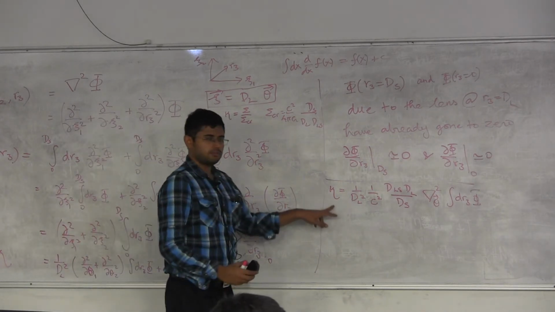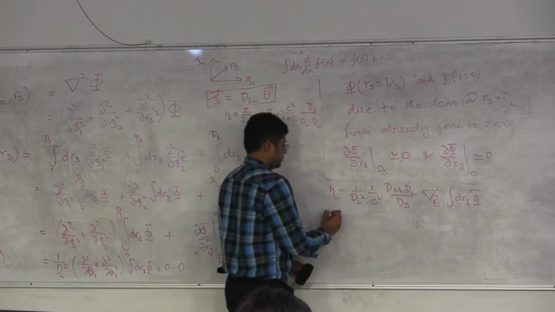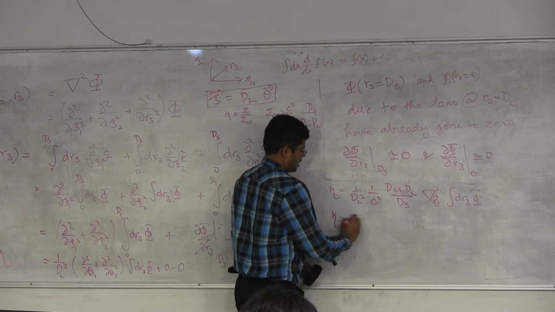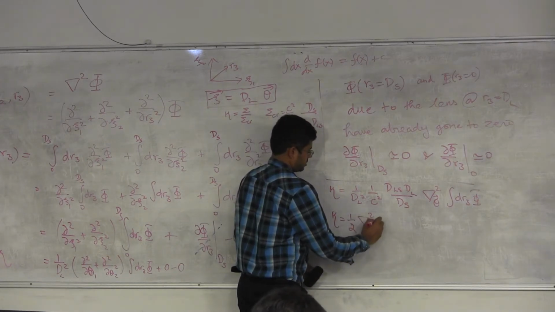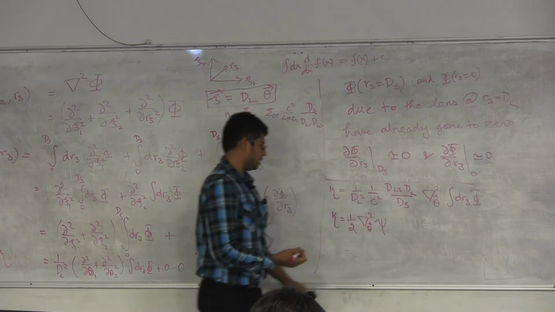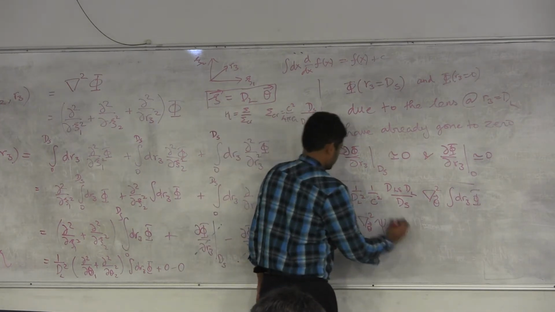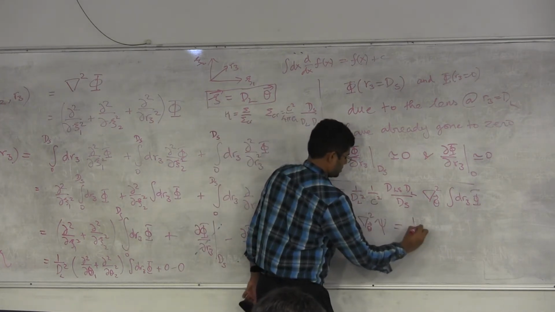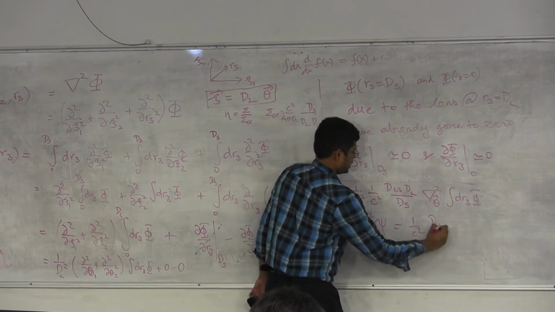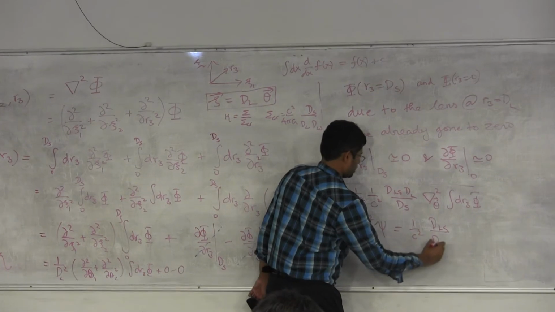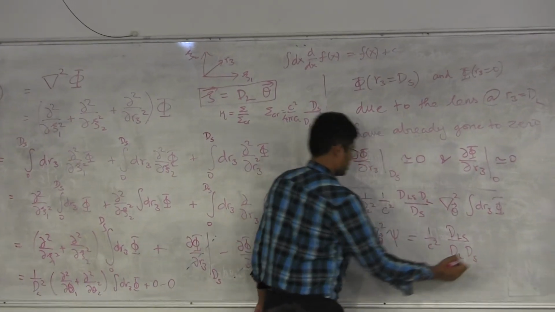And now I use the fact that kappa is also given by half the Laplacian in theta times the lensing potential psi, which is equal to this quantity 1 by c squared D_ls D_l D_s.